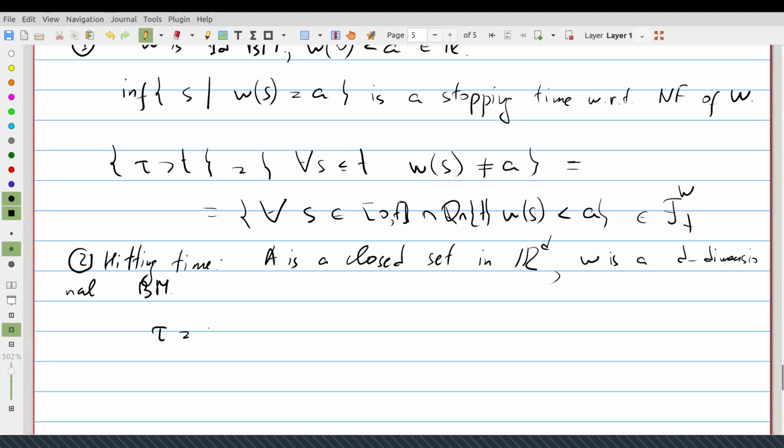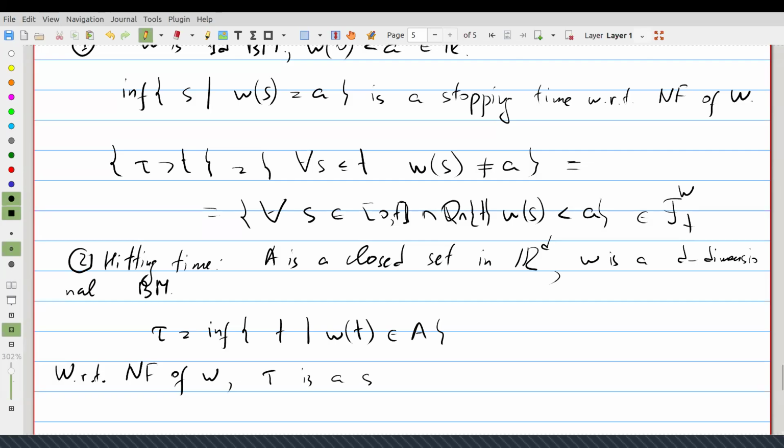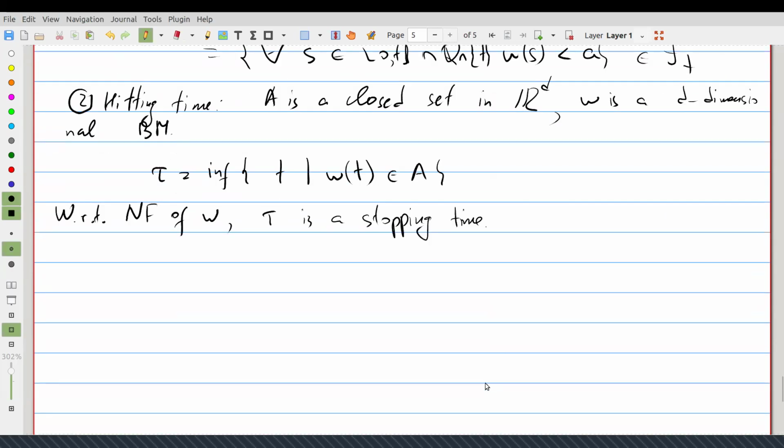Let's define tau as the first moment when W_t belongs to A. Now, with respect again to the natural filtration of W, this is a stopping time. This is the reason why we are speaking about stopping times. This is a characteristic property of many good debut times, the times when the Wiener process hits some set for the first time.